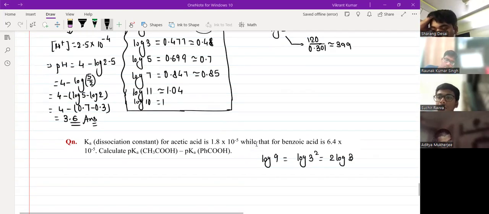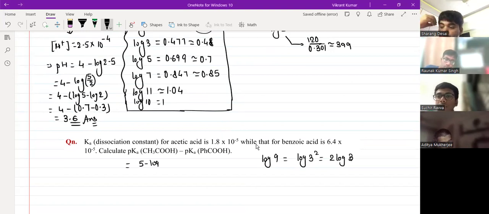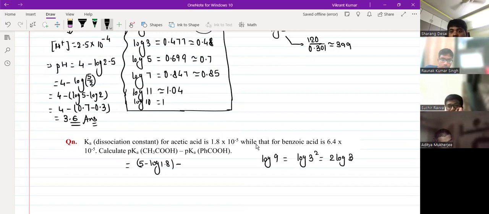Okay, let's come to this. Obviously this thing is 5 minus log 1.8, minus this is 5 minus log 6.4. See, the 5 cancels out. Now we have log 6.4 upon 1.8.